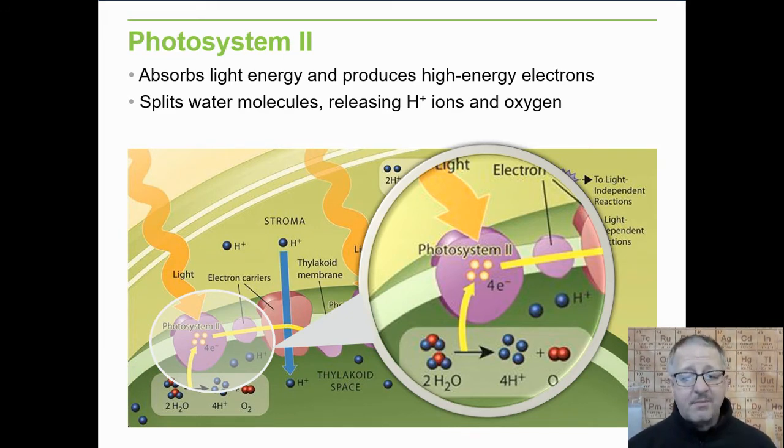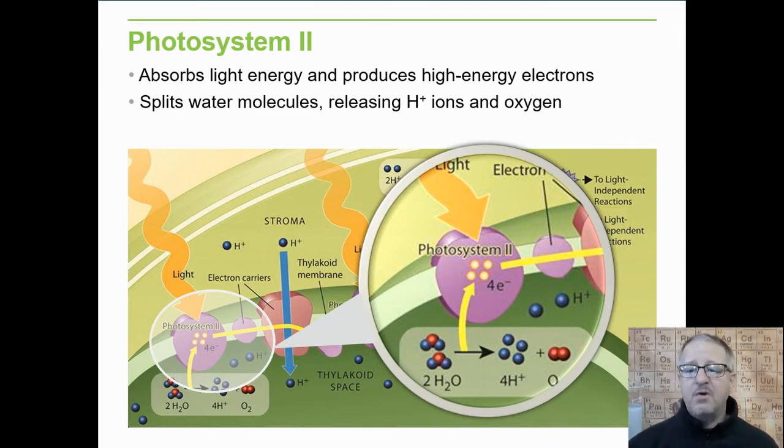The thylakoid membrane contains a system that provides new electrons to chlorophyll to replace the ones that it has lost. So where do you think these new electrons come from? Well, they come from the water. Enzymes found on the inner surface of the thylakoid break up each of those water molecules into 2 electrons, 2 H plus ions, and 1 oxygen atom.